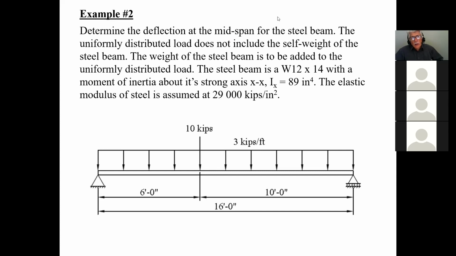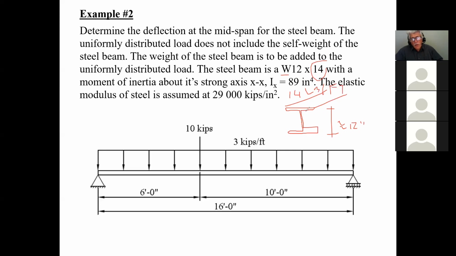Now, in imperial, of course, this W still represents a wide flange. That's number one, so that doesn't change. The 12 represents that this thing has a depth of approximately 12 inches. But the 14 represents that this thing weighs 14 pounds per foot.